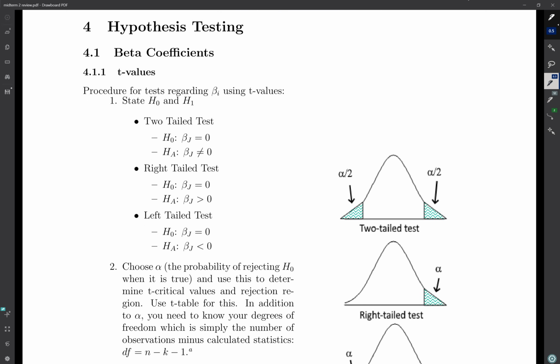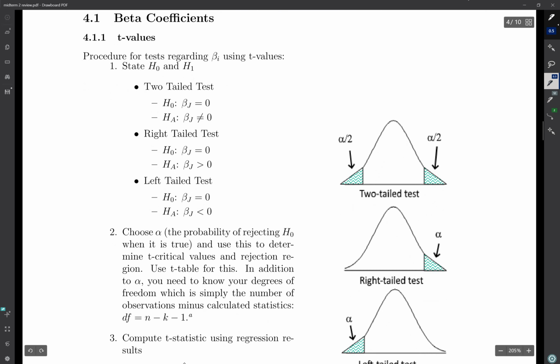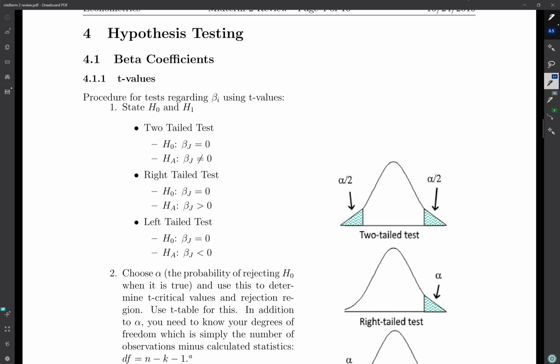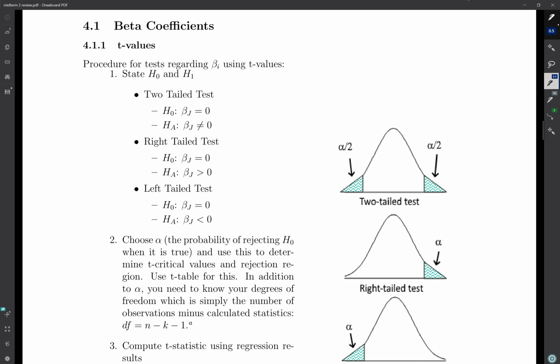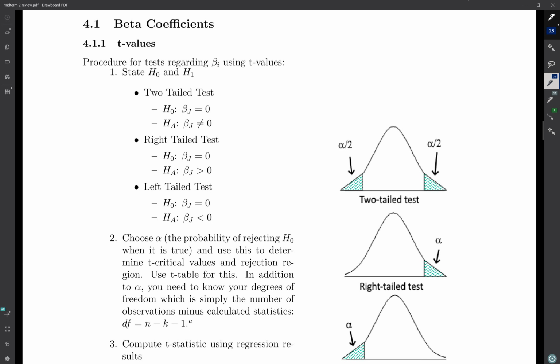So here is some information about that. These are the 4 different steps that we would take through doing hypothesis testing. Okay, so the first step is to state our hypotheses. So our null hypothesis H0 and our alternative hypothesis H1 or HA, however you want to say it.